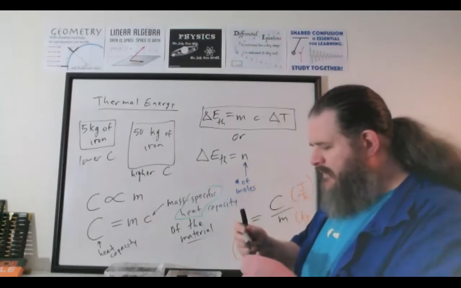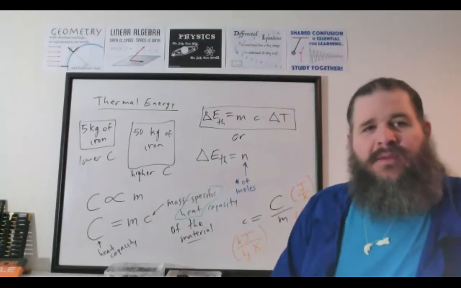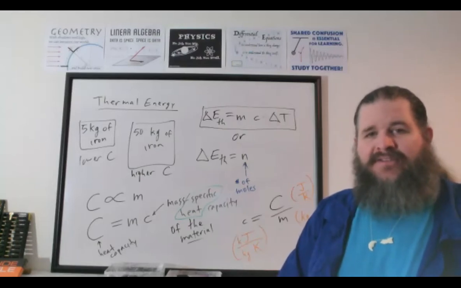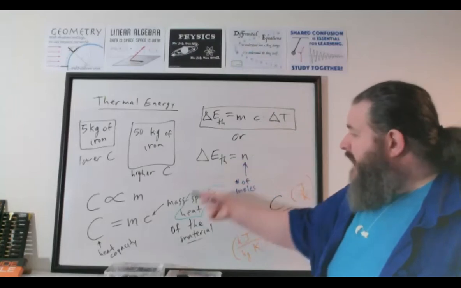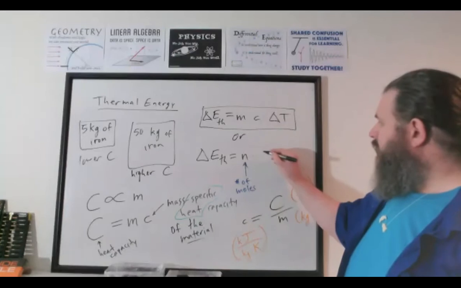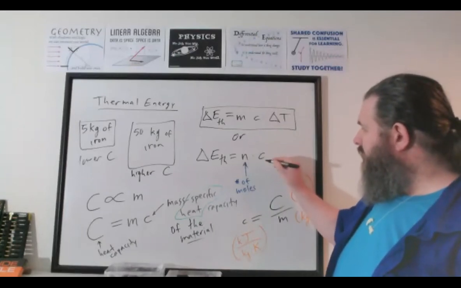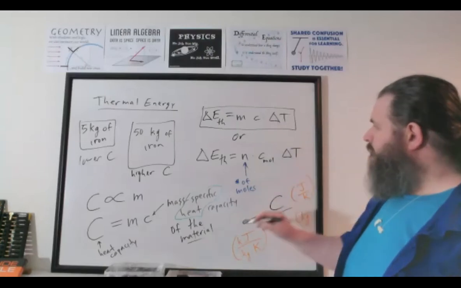And this is more often used in chemistry and when dealing with gases, because in many cases, number of moles is easier to work with than the mass of the gas. But number of moles times, and then instead of the mass specific heat capacity, we'd have the molar specific heat capacity, usually written as lowercase c sub mole, times delta temperature.